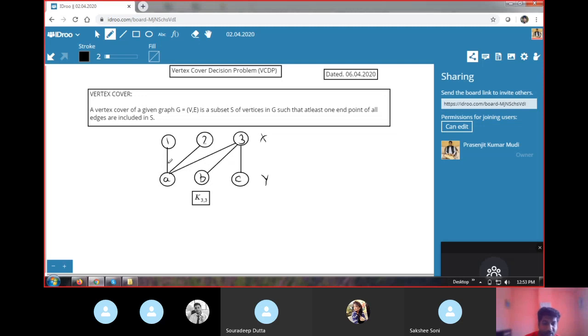At least one endpoint of each edge will be included in that subset. So let's try to find one such vertex set.